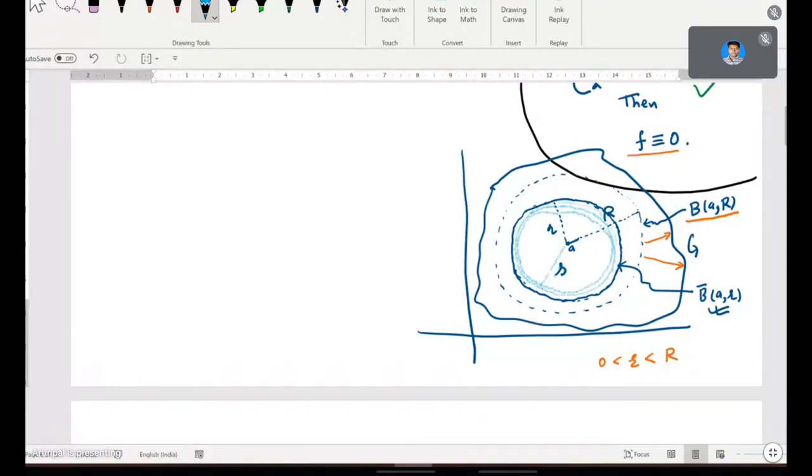I will be doing this process repeatedly. And consequently, I will be able to show you that on all the points of this ball, the function is always taking the value mod of f(A). So I will be doing this process repeatedly.